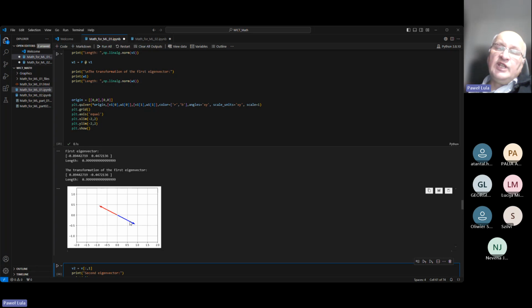Therefore, we have -1. -1 means that these two vectors lie on the same line, but are headed in opposite directions.